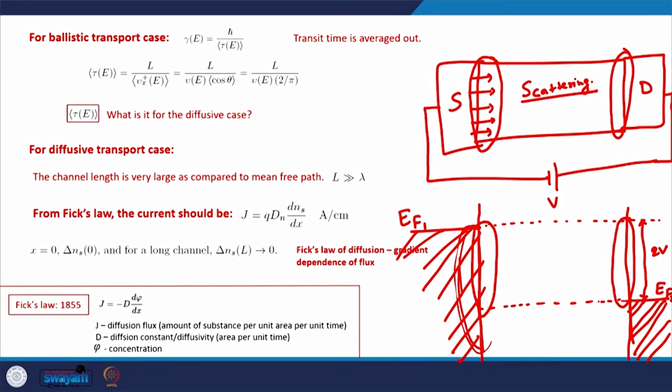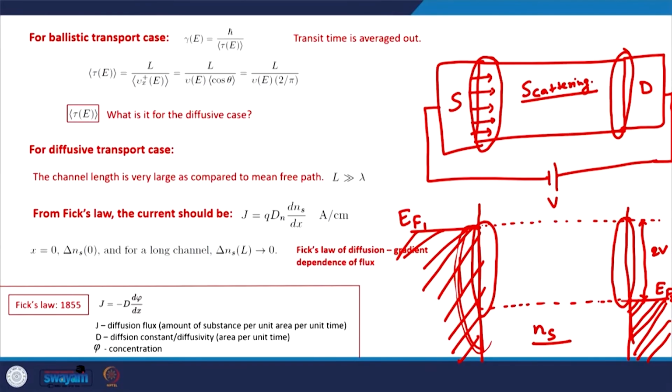In steady state, let us say there is a steady state concentration of electrons, Ns, that is the steady state sheet charge density in the channel. On this side we have an excess of electrons.